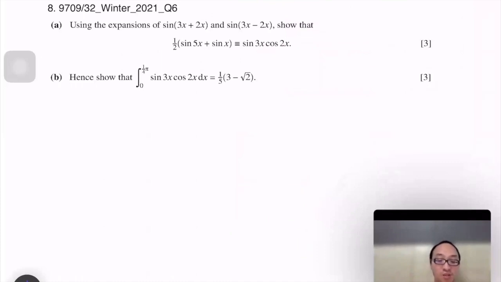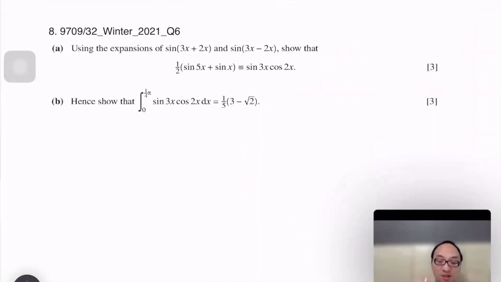Using the expansion of sine 3x plus 2x and sine 3x minus 2x, show that. Okay, yeah. So first we have to expand this. Sine 3x plus 2x is sine 3x cos 2x plus cos 3x sine 2x.